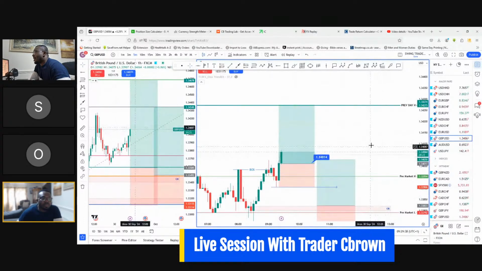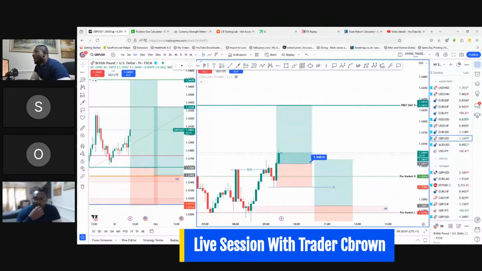That candle is closing bullish in 16 seconds. So our stop loss, like I said, is here.